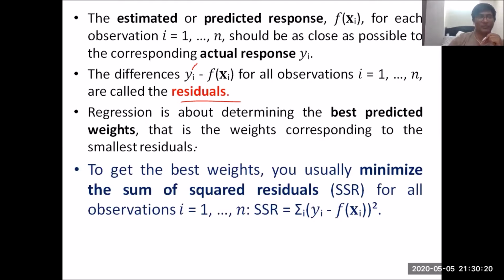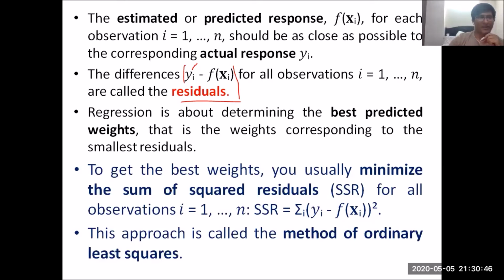We often call it SSR, so we would start using this word SSR. You should understand that it is nothing but the square of this difference that we were talking about, right? We need to minimize this difference while trying to understand how well this model has fit. That would be the primary objective of fitting the model, and this approach we call the method of ordinary least squares.